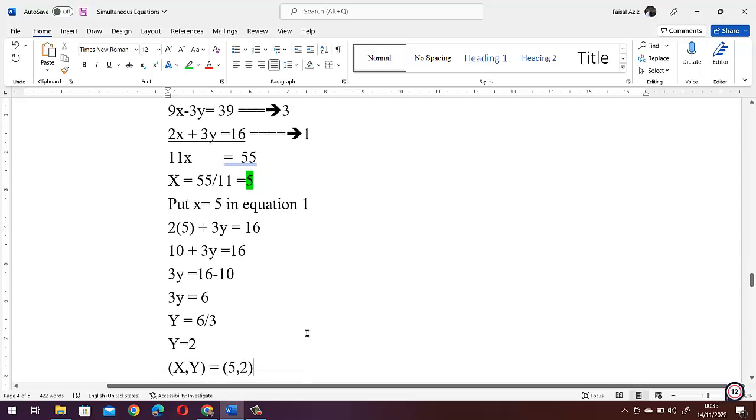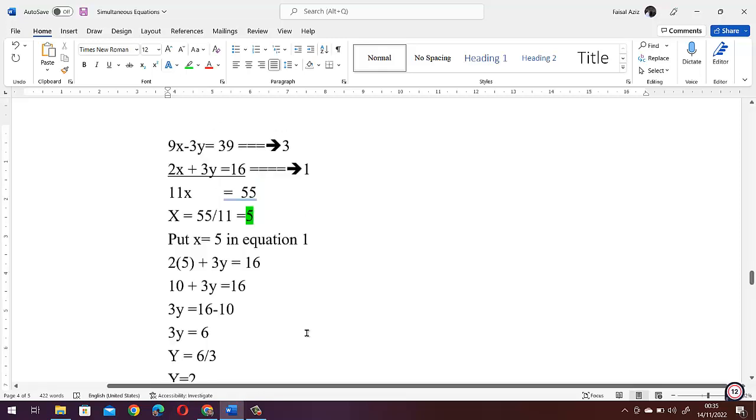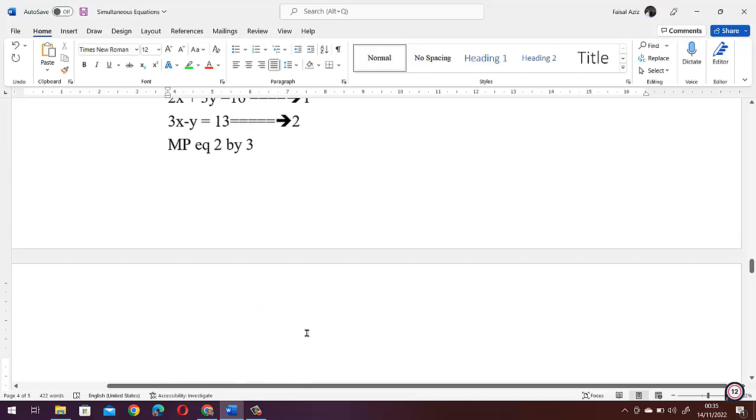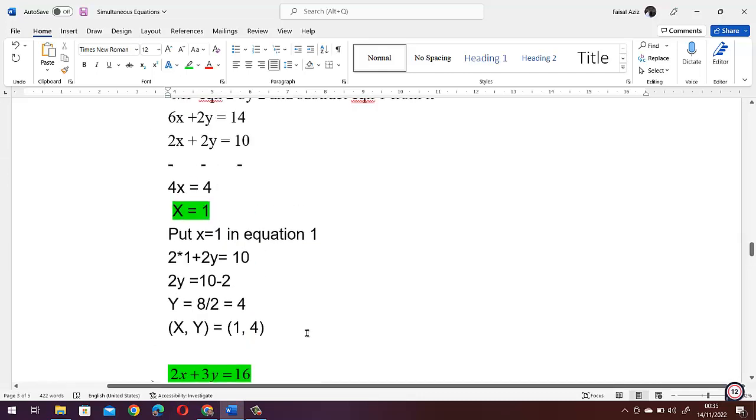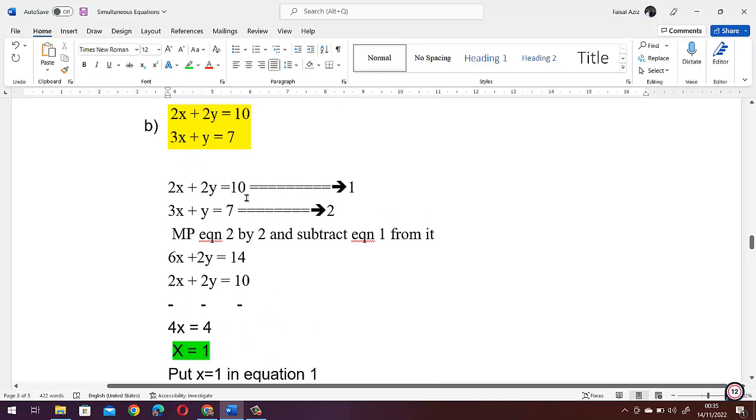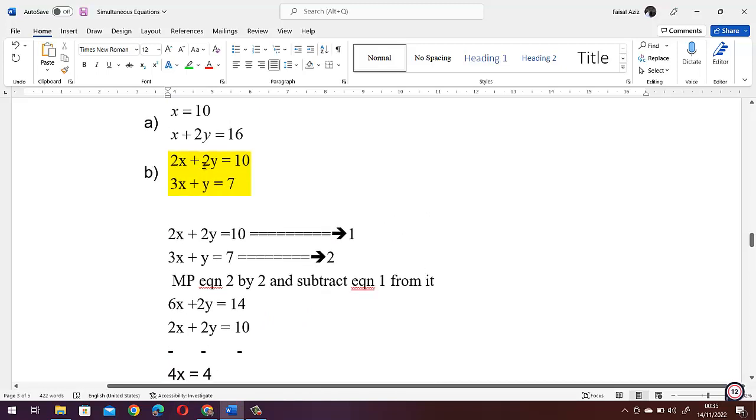While solving simultaneous equations, we have seen that there are two situations and we have to deal with both accordingly. The first is when all the variables in the equation are of the same sign. For example, if all are positive, to cancel one of the variables you will have to subtract the equations, and while subtracting you will have to change the signs of the variables being subtracted.